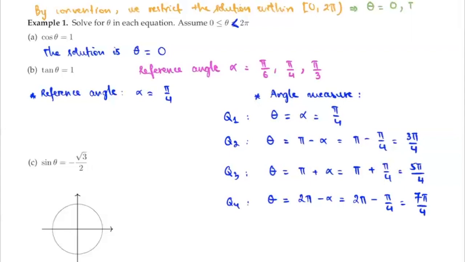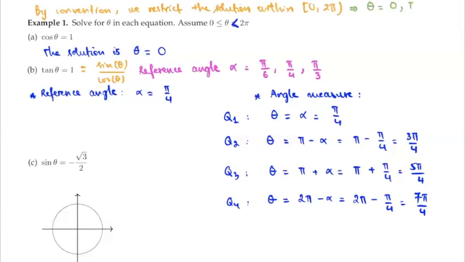Okay, so with these four solutions, how could you pick out the correct answer? You look at the value here: tangent of theta equal to positive 1. And remember, tangent of theta can be written as sine of theta over cosine of theta. Sine of theta is the y value or the vertical axis, and cosine is the x value or the horizontal axis.